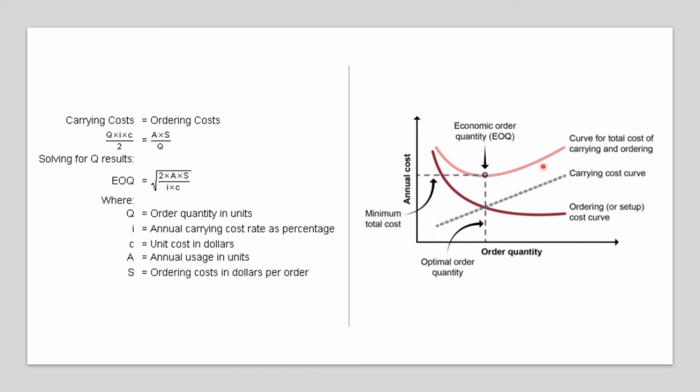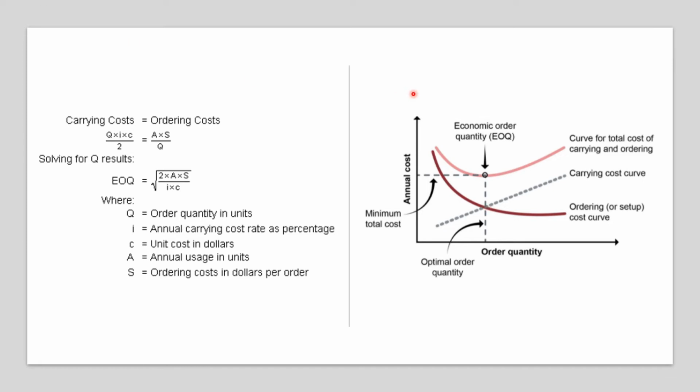And that graph is called the total cost curve, which is the summation of, again, carrying cost and ordering cost. The lowest point on this graph is where you get the economic order quantity, which also is the intersection point of these two graphs. This is how EOQ is calculated graphically. As we already discussed earlier, EOQ is nothing but the point wherein you get the minimum carrying cost and ordering cost for a fixed amount of ordering quantity.